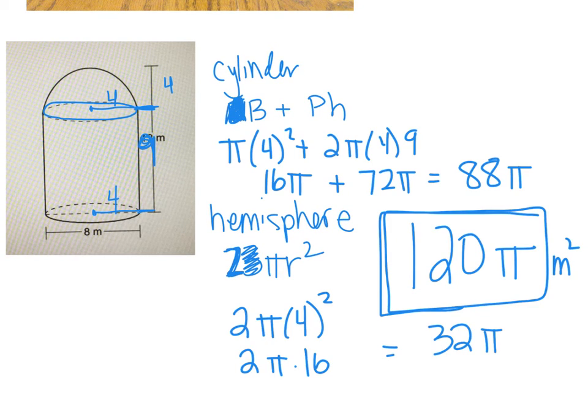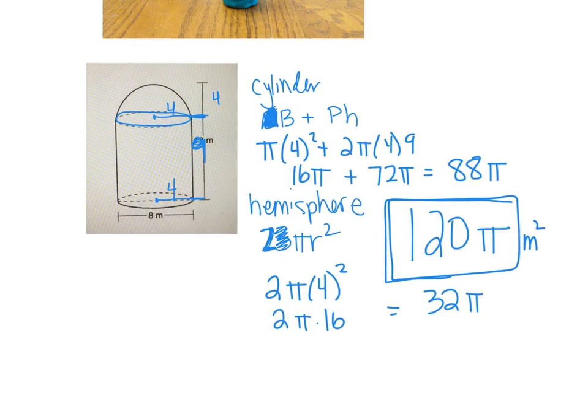Here we have pi 4 squared plus 2 pi times 4 times the height of 9. 16 and 72 is 88 for the cylinder. And then 2 pi 4 squared, so 32 pi for this hemisphere on top. Added together gives you 120 pi square meters as the total surface area for this silo.